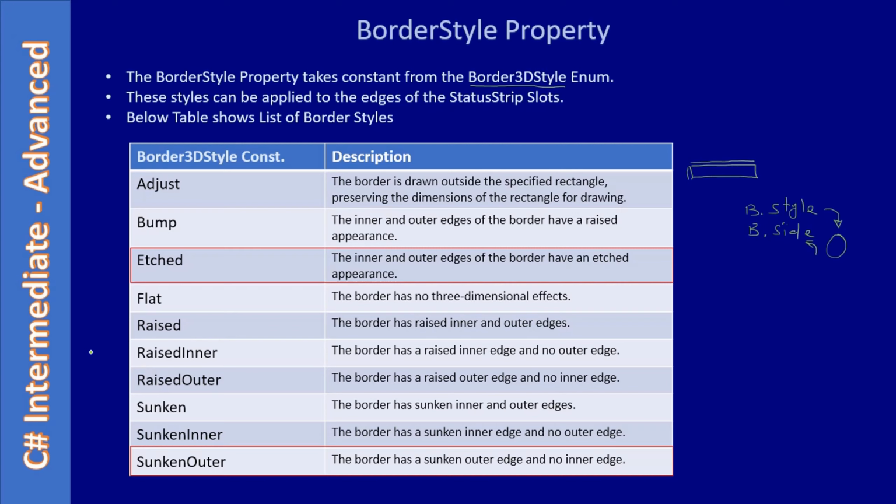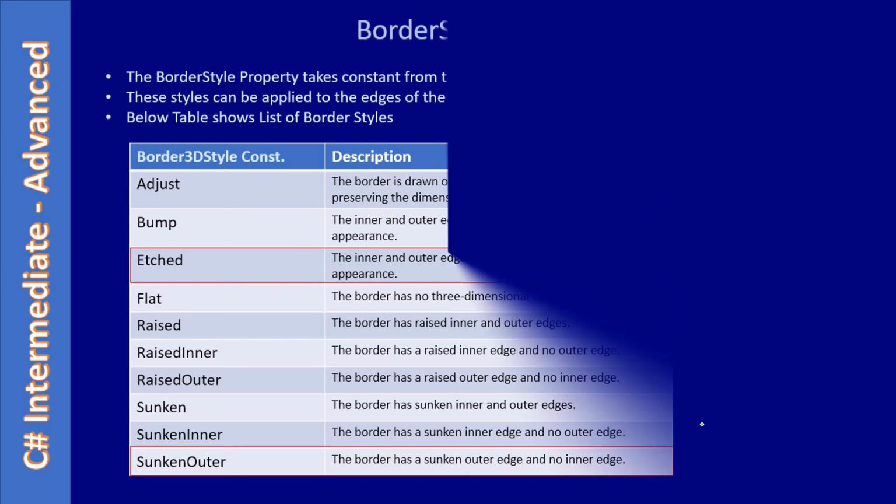For demonstration purposes we picked these two border styles. The edged border style means the inner and outer edge of the border have an edged appearance. Likewise, sunken outer means the border has a sunken outer edge and no inner edge. There are other styles also. You can go through the styles once. Let me wait for a few seconds so that you can go through these styles. Alright, now let's move to the border side property.